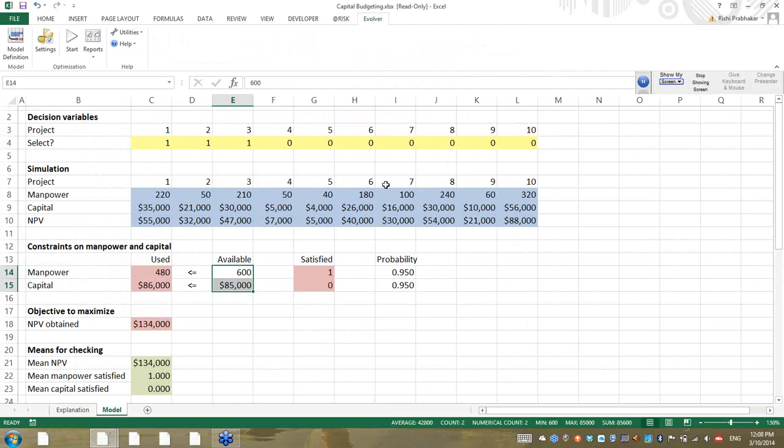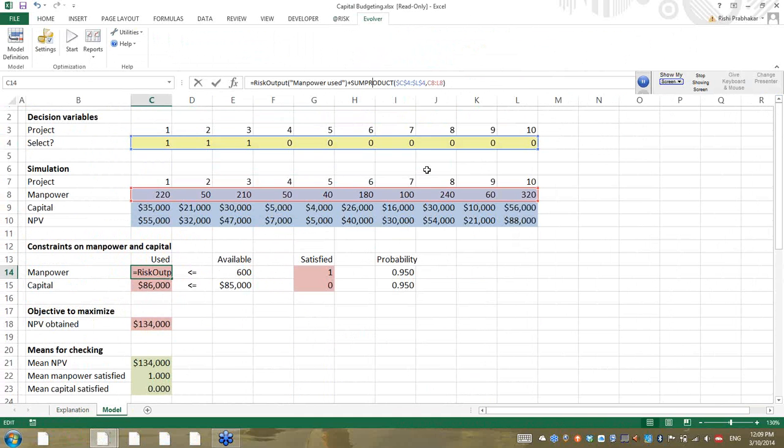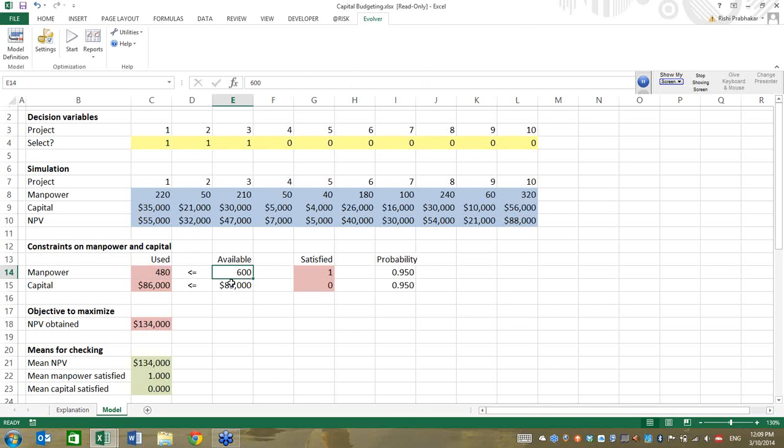If we were to utilize Evolver for this problem, we would simply be looking at trying to select the portfolio of ones in these cells that are then utilized in some product functions to maximize our expected NPV here, without violating the constraints we have for manpower and capital.